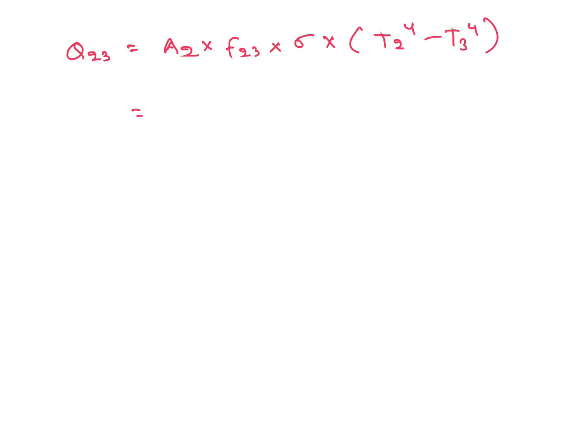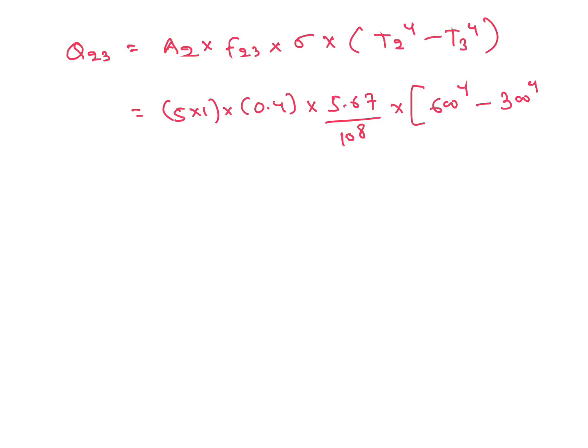A2 is 5, F23 we already got 0.4, sigma value 5.67 into 10 to the power minus 8, T2 is 600 to the power 4 minus surrounding temperature 300 to the power 4. If you solve this one, you will get 13778.1. This is in watt.